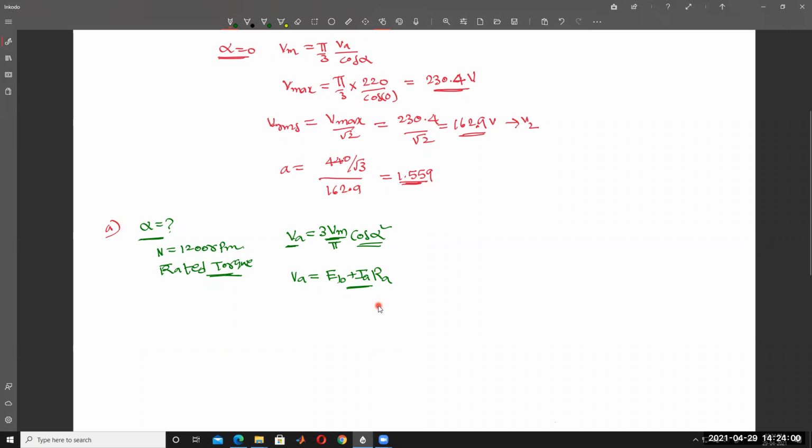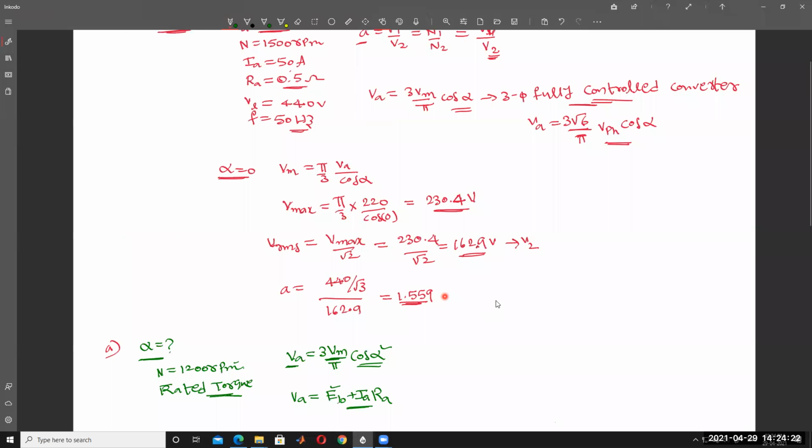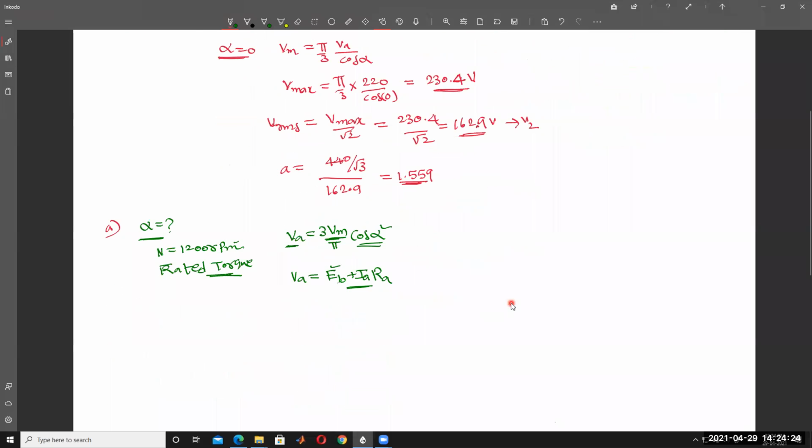This VA of 220 volts is related to 1500 RPM. This is given for the motor: VA is equal to 220 volts, that belongs to 1500 RPM. So first we have to find EB is equal to VA minus IA into RA.